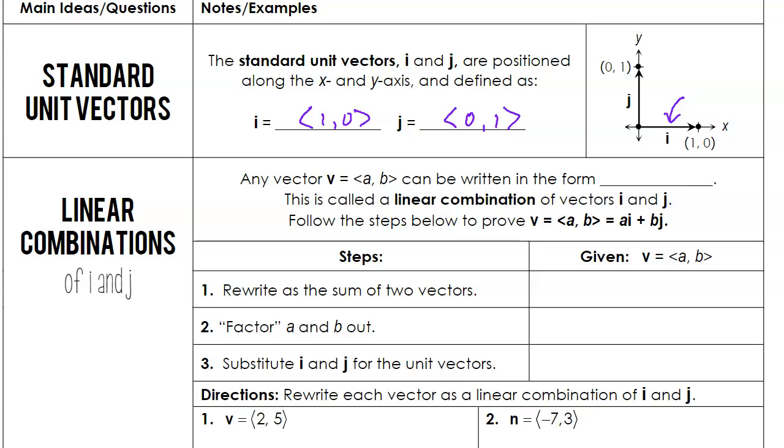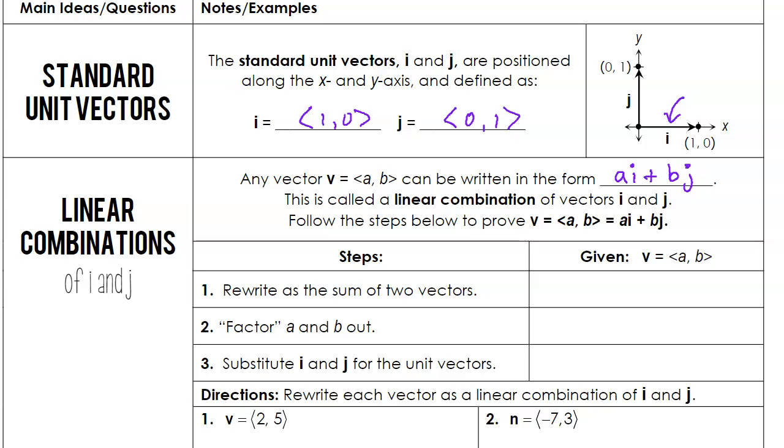Every single vector that is in component form can be written in terms of i and j. It's just another way that people talk about vectors. So we can take a vector in component form, and we can write it in terms of i and j by just taking the a value of the component form and writing an i after it, plus the b value of the component form with a j after it.